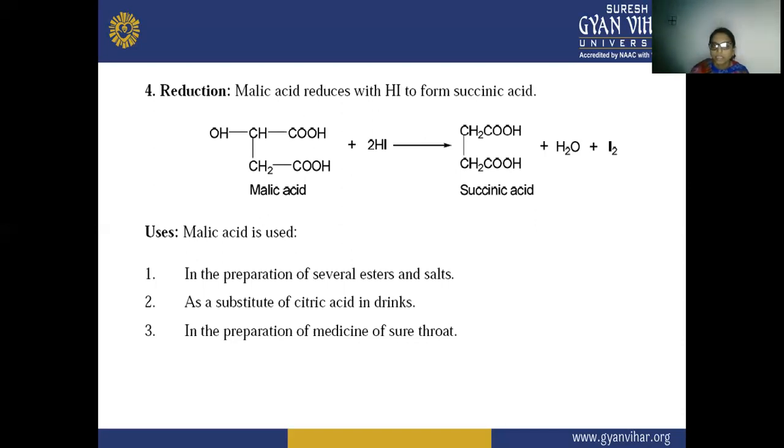In this, the malic acid is reduced with hydrogen iodide, and there is a formation of succinic acid. So when malic acid is reduced with hydrogen iodide, succinic acid is formed here, plus H2O plus iodine. So malic acid plus hydrogen iodide gives succinic acid.